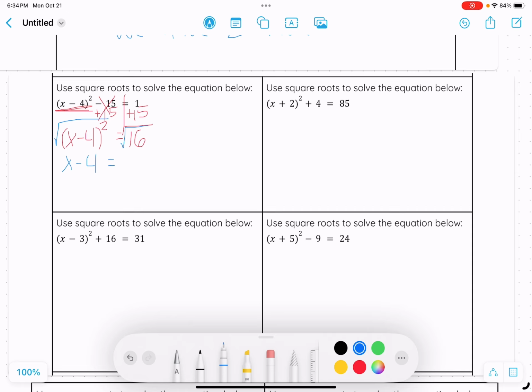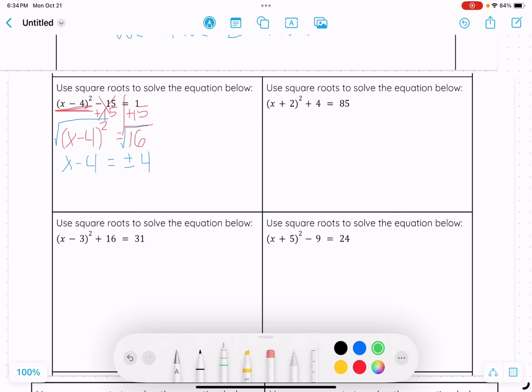And over here we're taking the square root of 16, which we already saw up above, and that's going to be plus 4 and minus 4. So that's what we have so far. So we have x minus 4 equals positive 4 or negative 4.